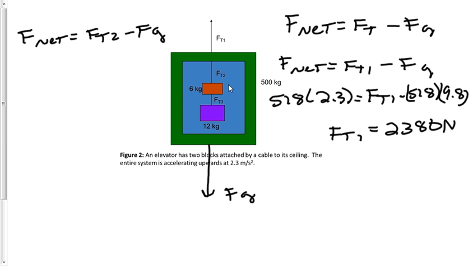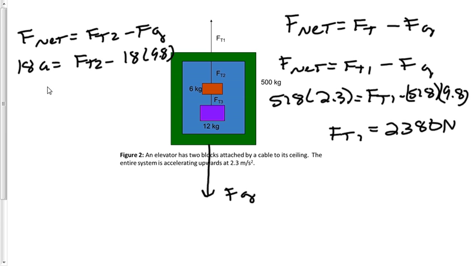Now let's ask, what mass does force tension 2 have to hold up? Well, it looks like it has a 6 kilogram it has to hold up and a 12 kilogram. So then we will say 18 times A is equal to force tension 2 minus 18 times 9.8.